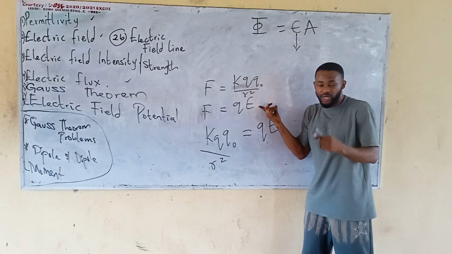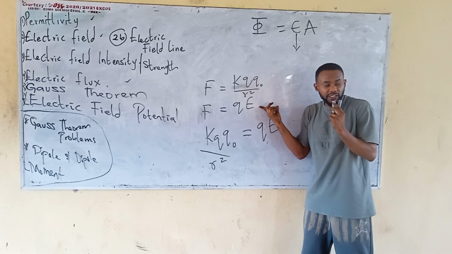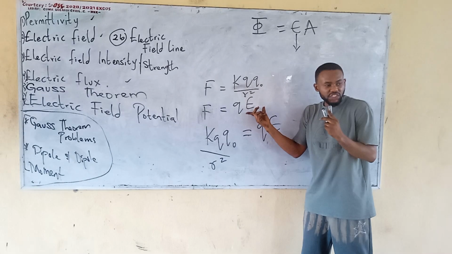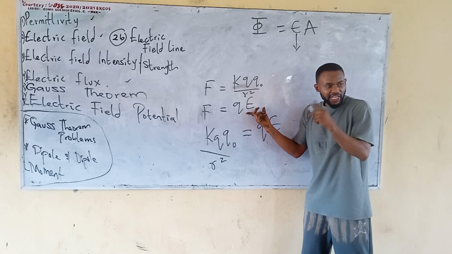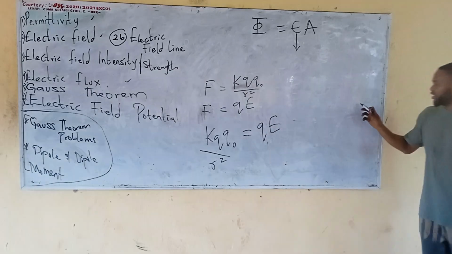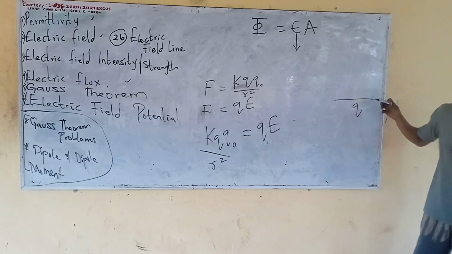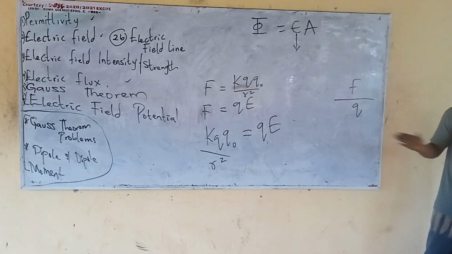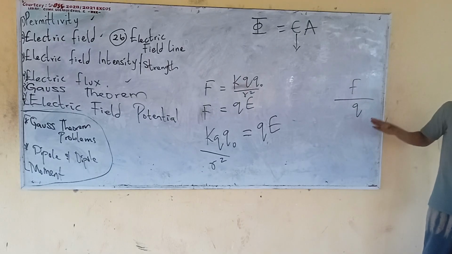Yes. That means that whenever we are talking about electric field intensity, the first idea is that the charge here is not really the source charge, but the test charge. There has to be a charge, then force will be acting on it. Is it not true? Watch. We said that there will be a charge for force to act on.